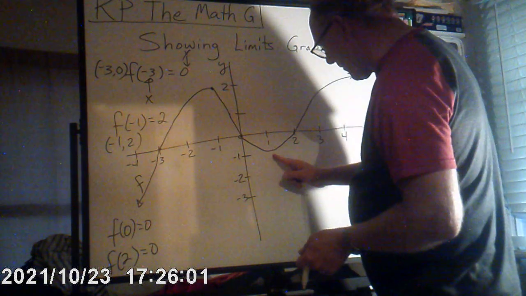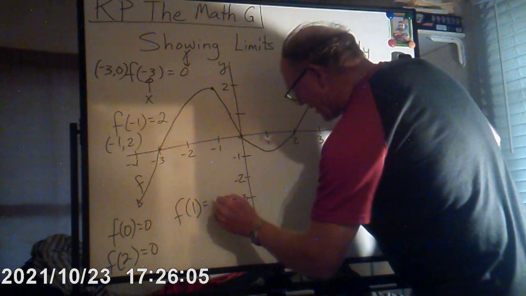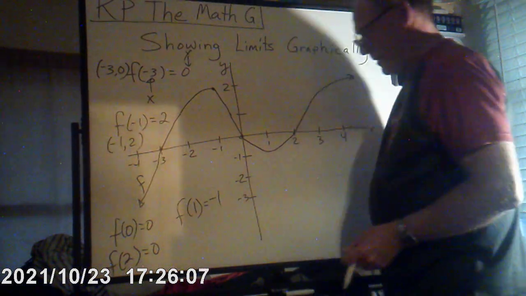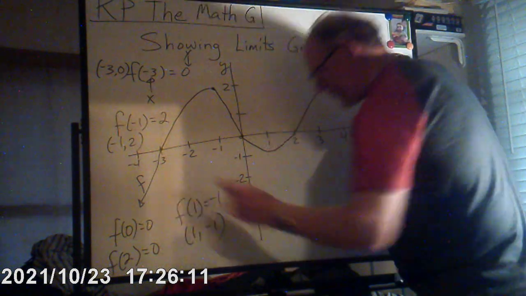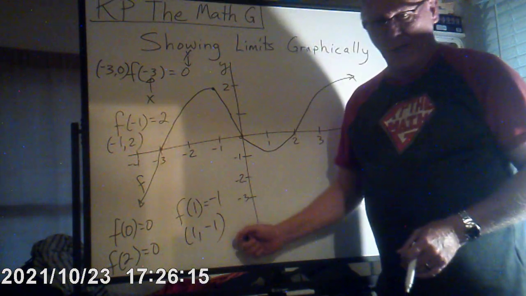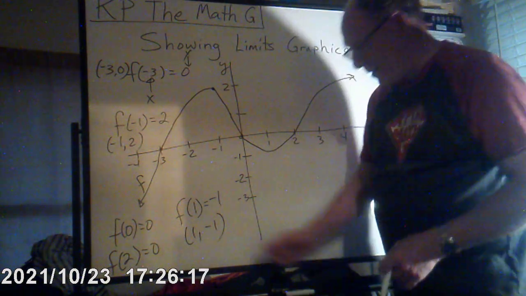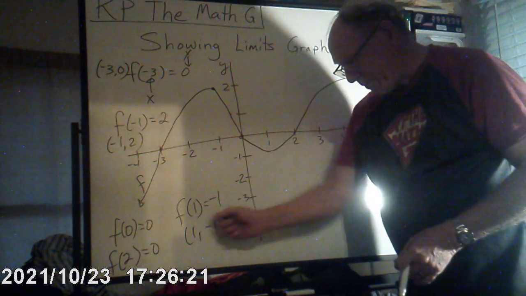It looks as if f at 1, we're just kind of going through this a little bit, is -1, isn't it? And there again, we could write it as (1, -1). This is the point (1, -1). This is not an interval from negative 1 to 1.